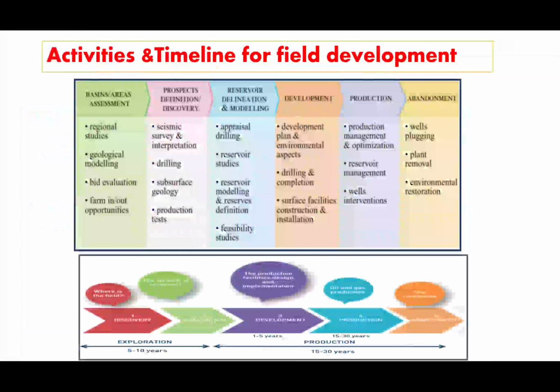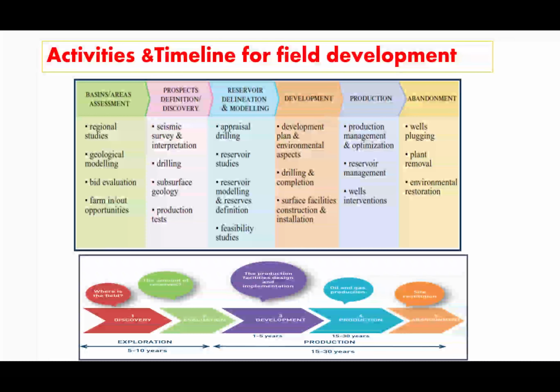If you look into the activities of field development, we have a number of stages. The technical stages are like, first we go for the exploration, that includes the play identification, that is, the regional identification and survey. Then we go for the prospect study, which includes seismic interpretation, drilling, subsurface geology, and production tests.